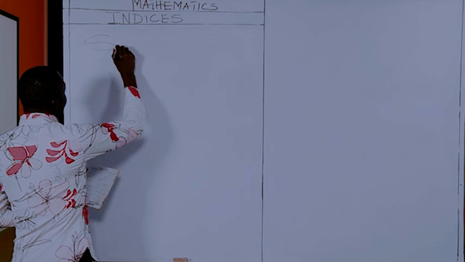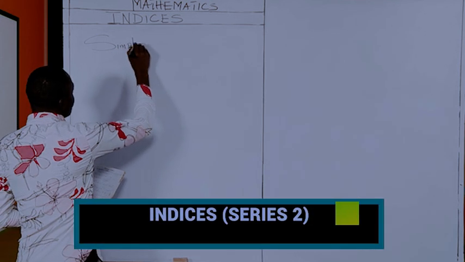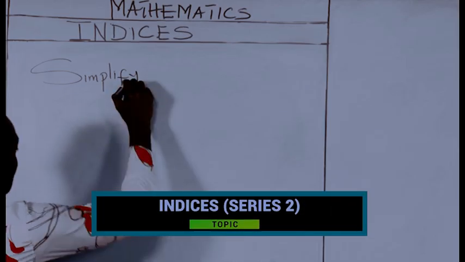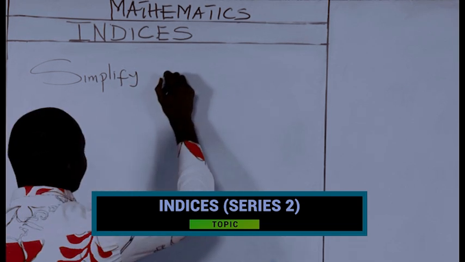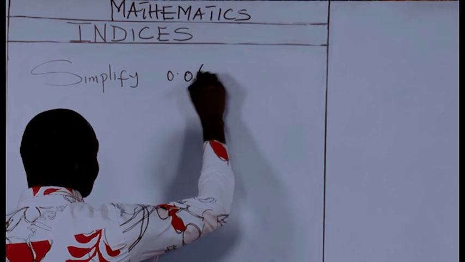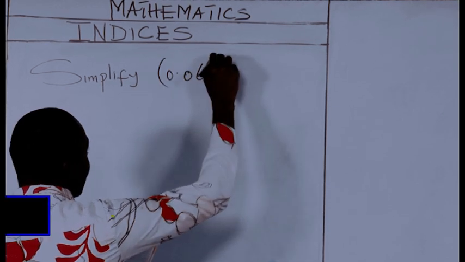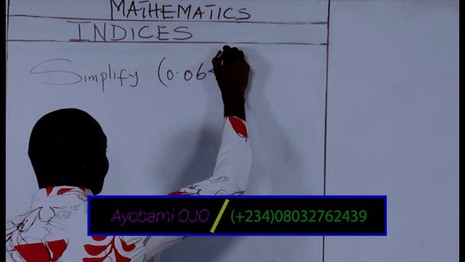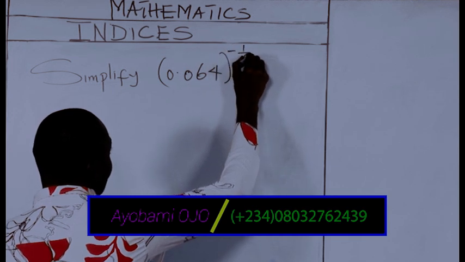Simplify (0.064) all raised to power minus 1 over 3.